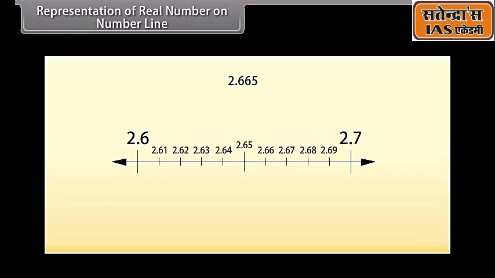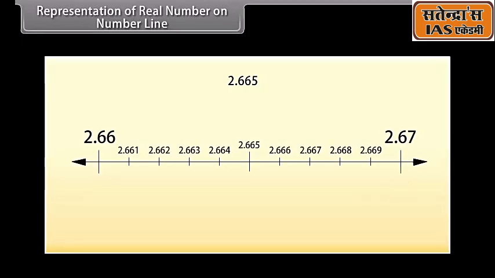Now focus on the portion between 2.6 and 2.7. Divide this again into 10 equal parts. The first part represents 2.61, the next 2.62, and so on. Again, 2.665 lies between 2.66 and 2.67. Let us focus on this portion of line and imagine dividing the portion into 10 equal parts.